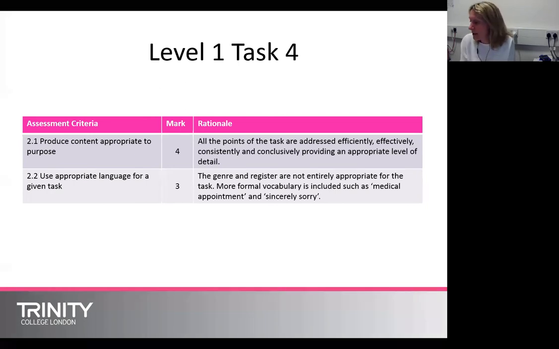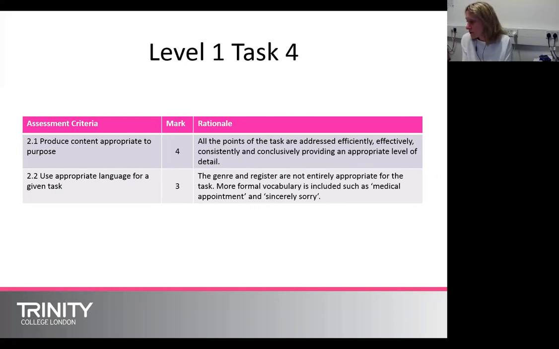We don't count the words, we don't stop marking if candidates have written too much. But in this criterion, produce content appropriate to purpose, is where we look at whether the candidate has selected the right amount and the right level of detail.